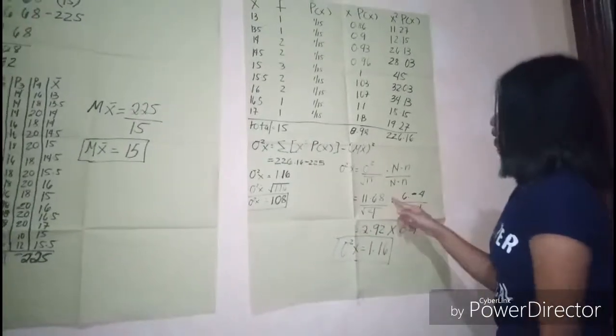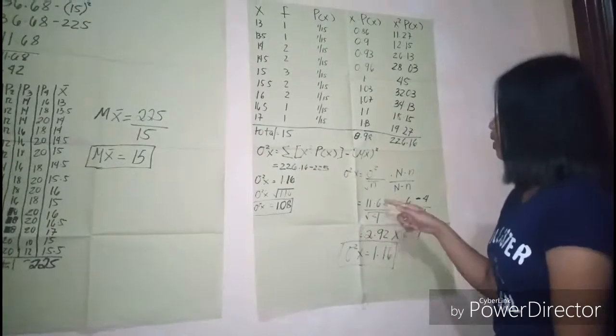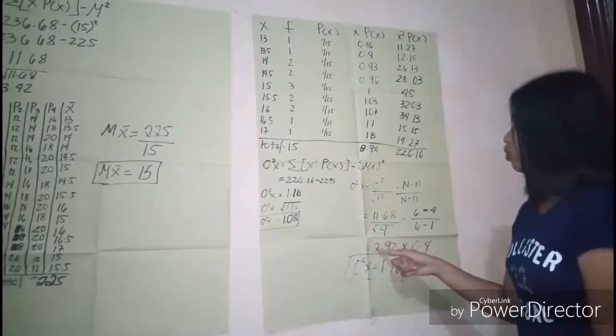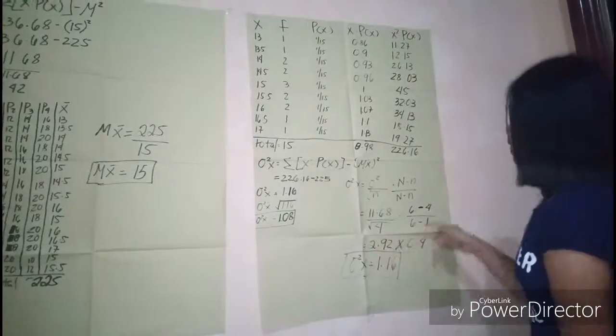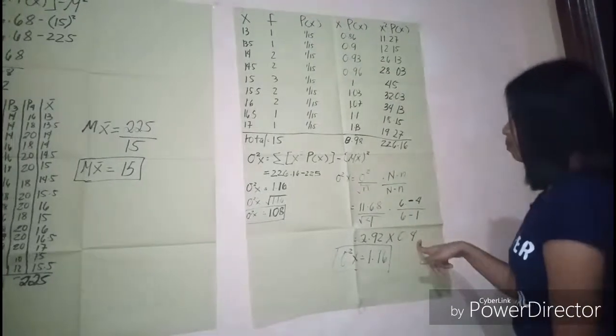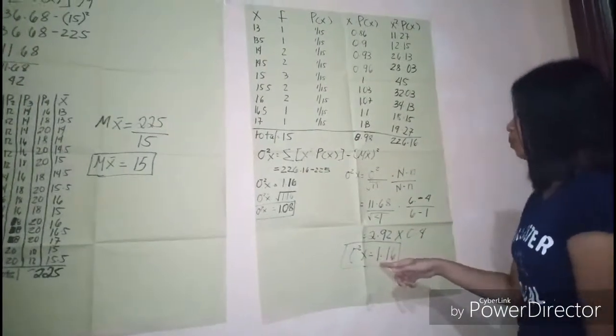Then square root of 4 times the sample size. Then yung nakuha natin dito is dinivide ko. Then yung nakuha ko is 2.92. Then ito yung minus ko, nakuha ko is 0.4. Then yung pinag-times ko, nakuha ko is 1.16.